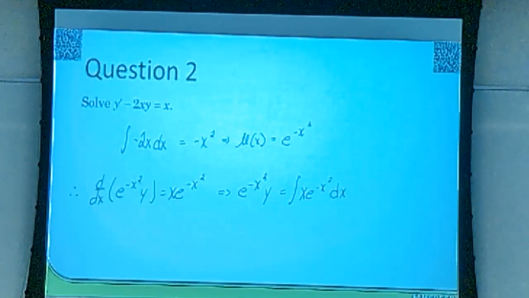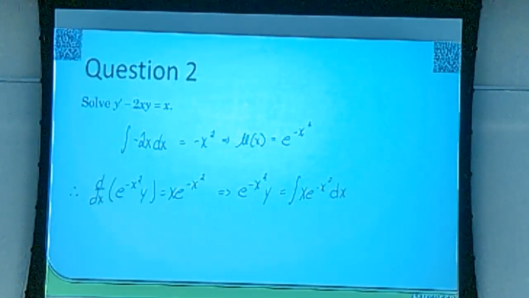Integration by parts? What's your u? Oh, never mind. Not for integration by parts. Then your dv would be e to the negative x squared dx. What's that antiderivative? There's none.